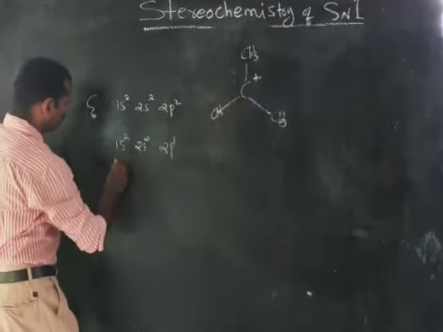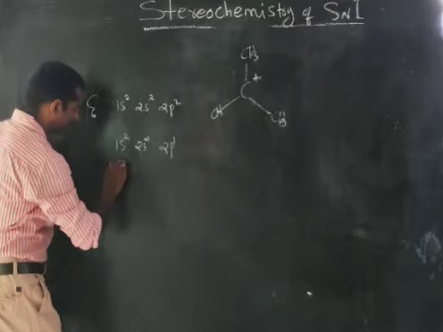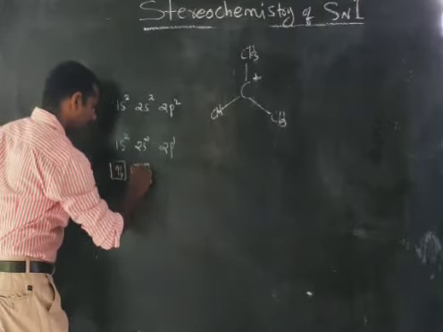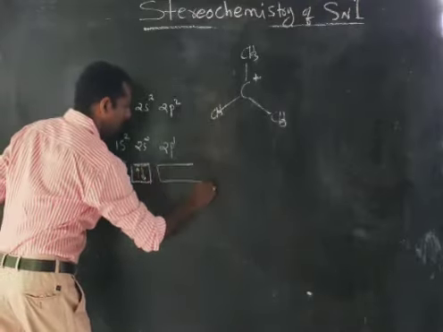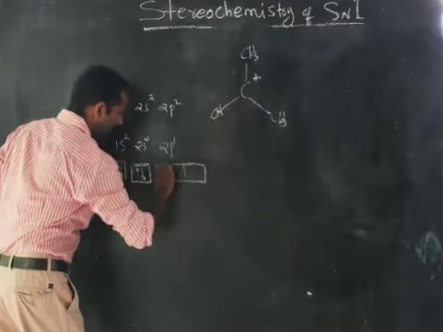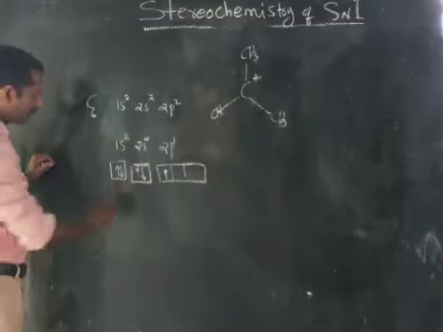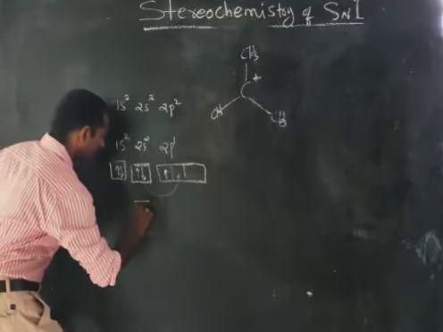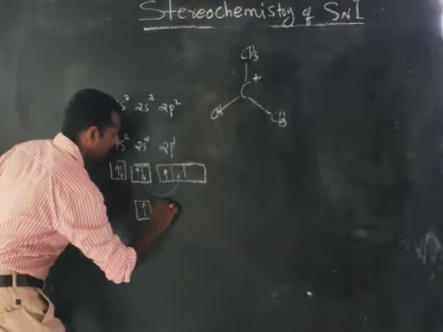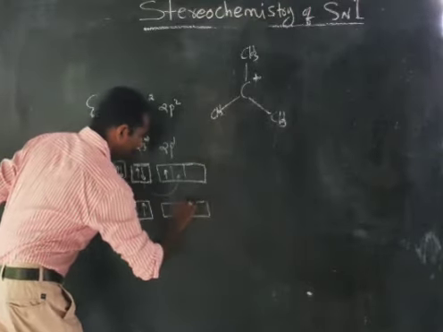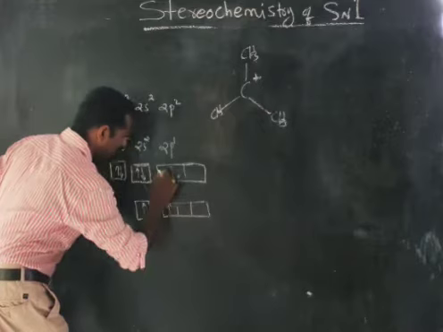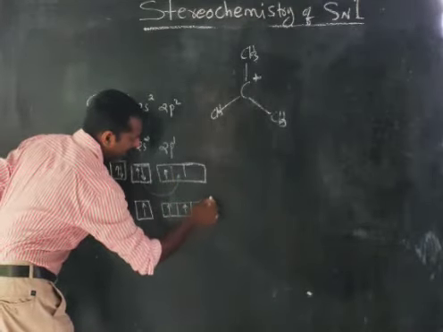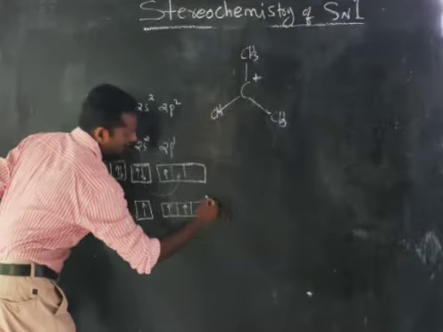So we have 1s2, 2s2, 2p1, only one. In the next step one of the 2s electrons will be shifted to here, and this is a vacant p orbital.